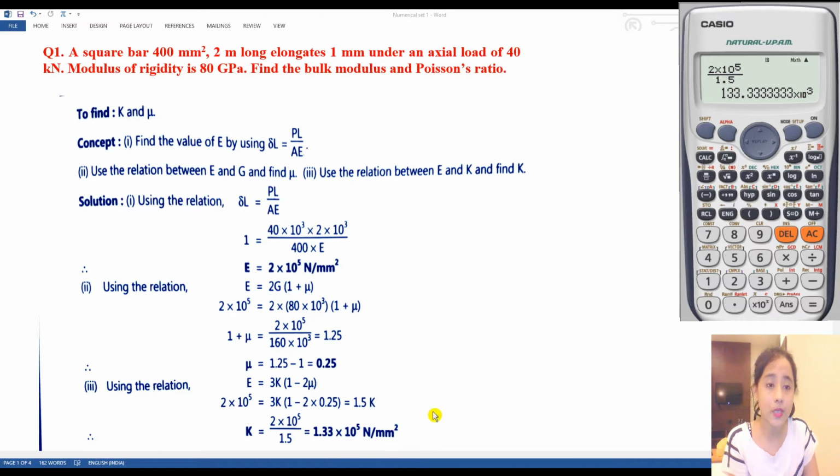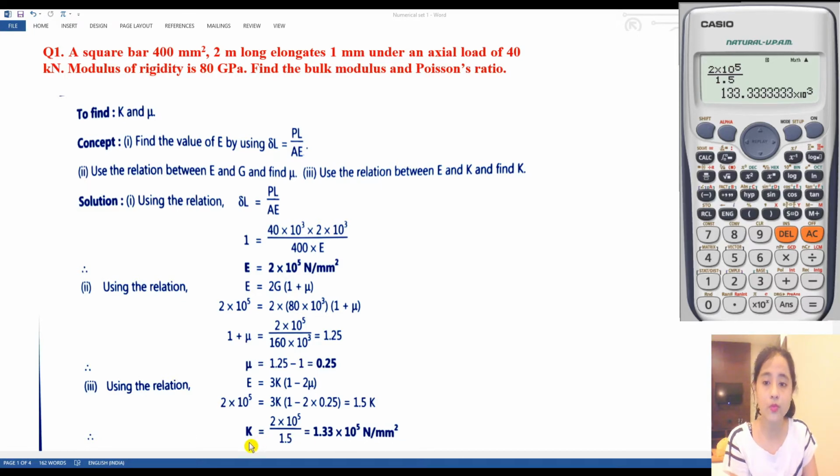Now if you make it 1.33 as in this question here, the decimal point will shift 2 places in front and it will be 1.33 into 10 raised to power 5 Newton per mm square.